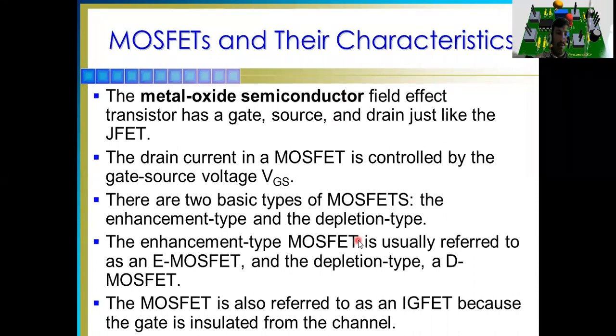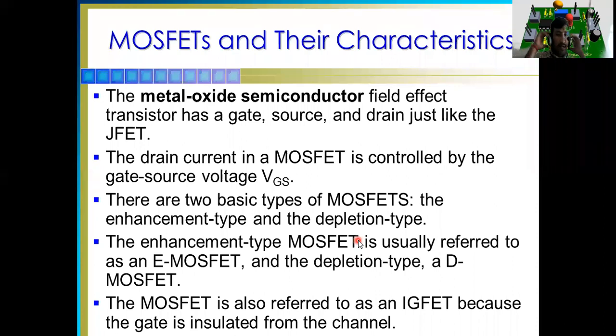Okay, now, a metal oxide semiconductor field effect transistor is a type of FET. So here also gate, source, and drain are just like the FET. It is a subtype of FET, right?